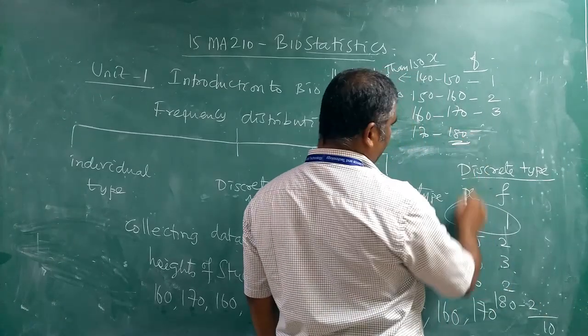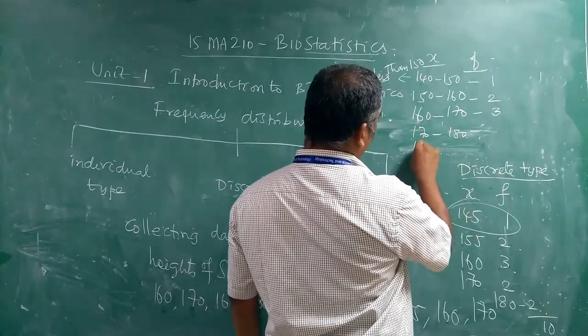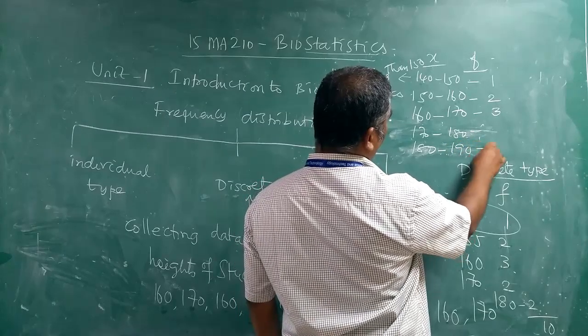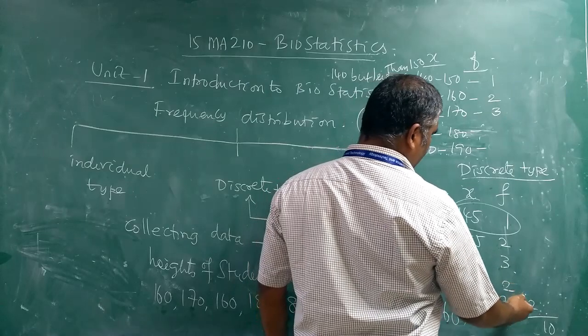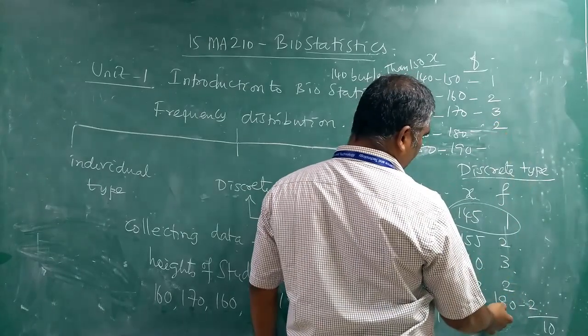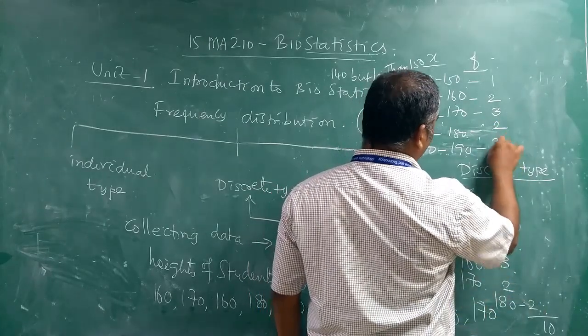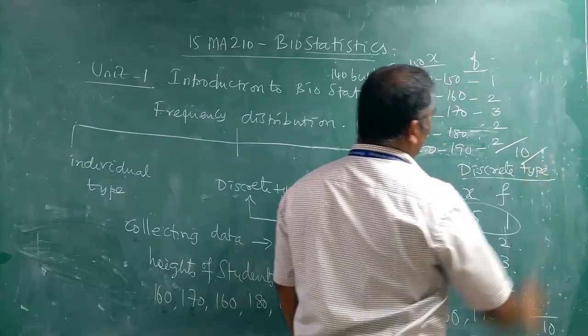The last value is not included, therefore we have to write 180 to 190 here. So 170 to 180, 2 values are there, and 180 to 190, 2 values are there.